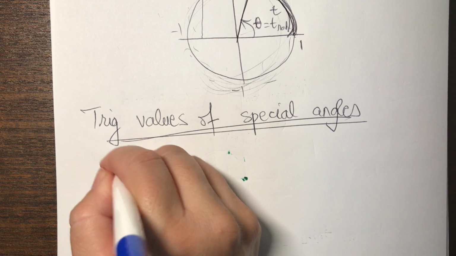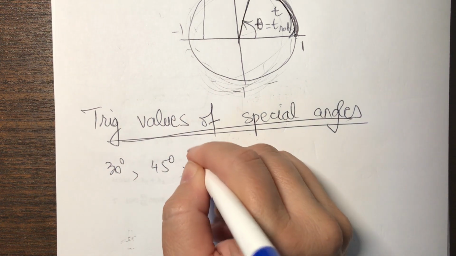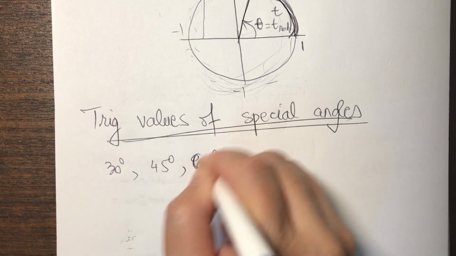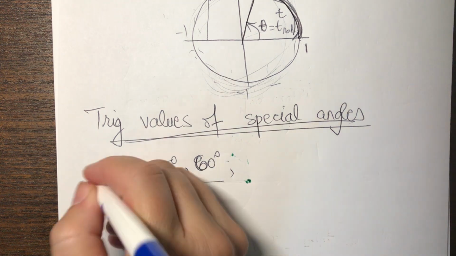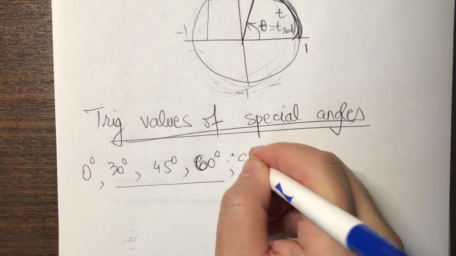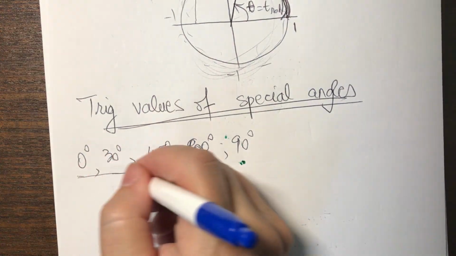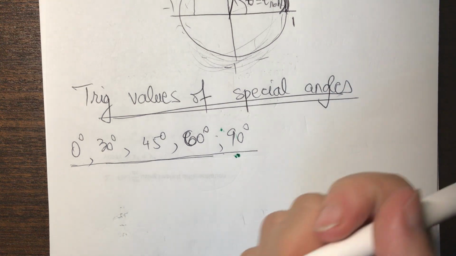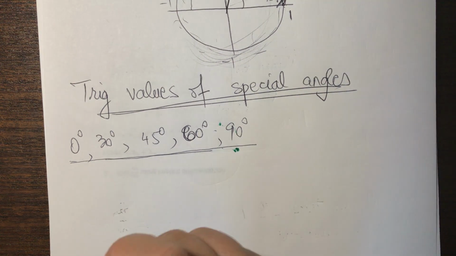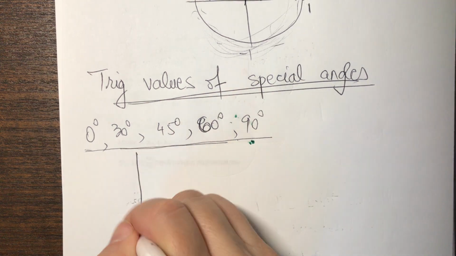It's going to be the 30, the 45, and the 60-degree angles, and also any quadrantal angle. So in other words, 0 degrees, 90 degrees, and then we're going to extend these values to any other quadrant, and then we'll talk about something called the reference angles. Okay, so easily, let's start with 0. That's easy.